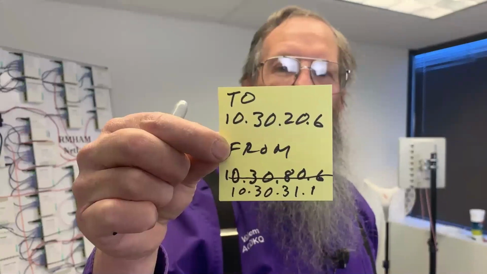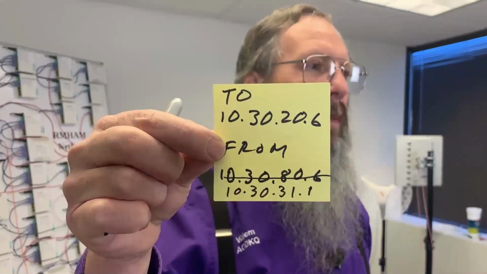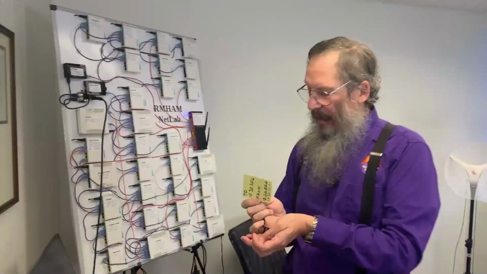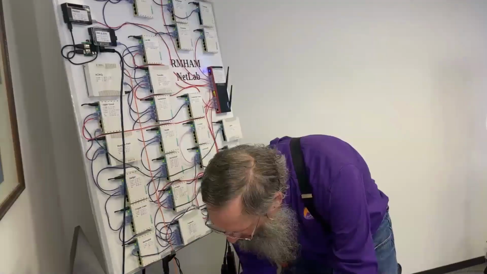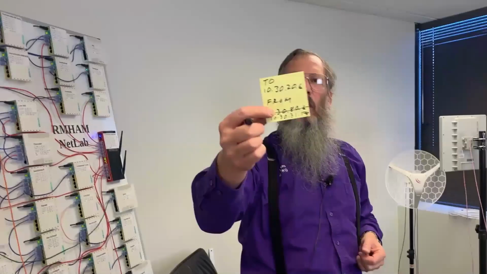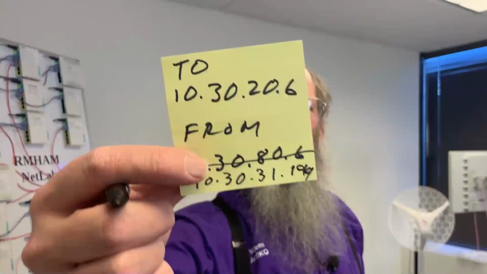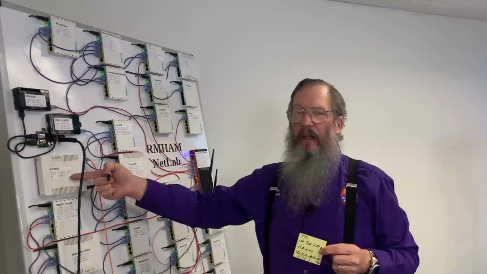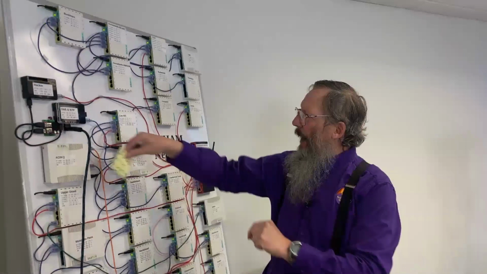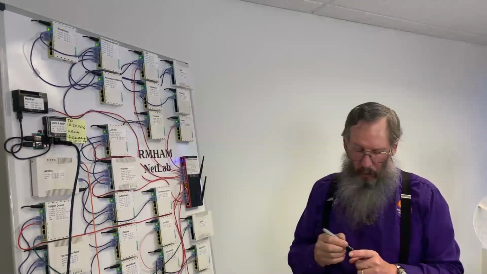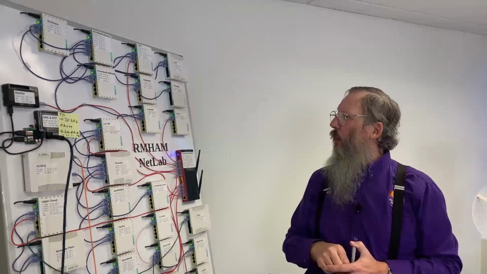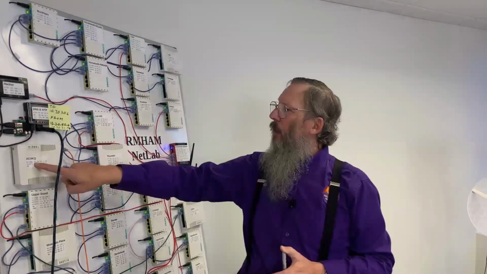I am actually going to pretend that that packet comes from 10.30.31.1, right? Sorry, it's not 1, it's 199. That is actually what I am known to on this device. So then that packet makes its usual pass through to that device and it says, oh okay, I know how to find 10.30.31.199 because I know how to get to the 10.30.31 network.